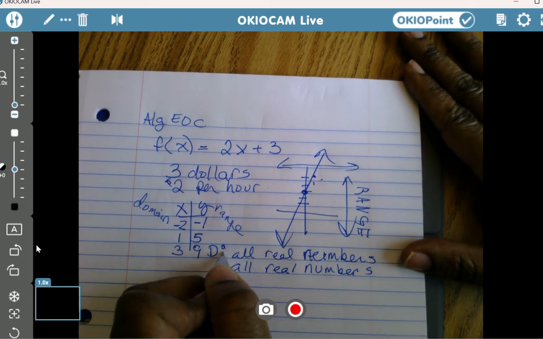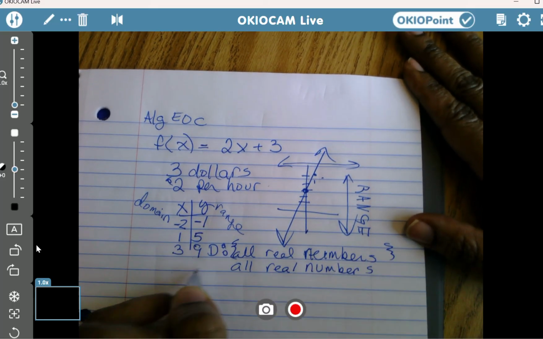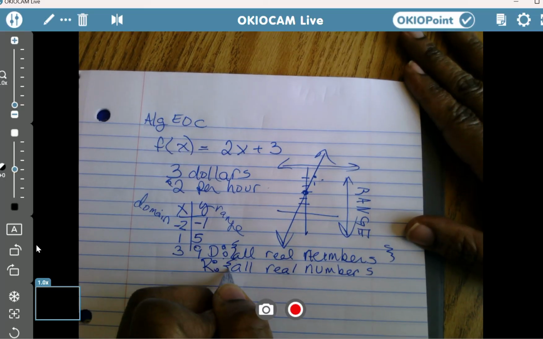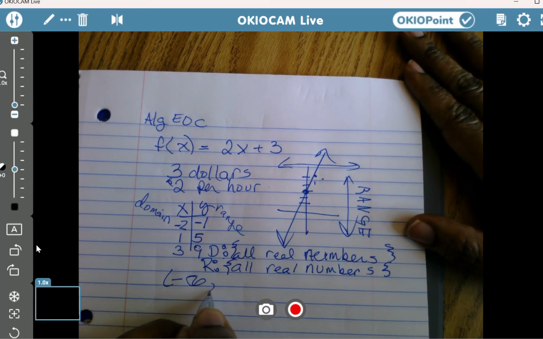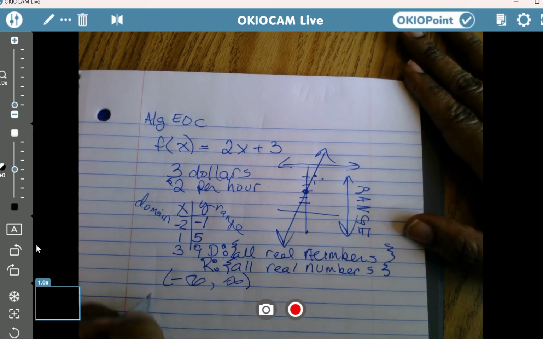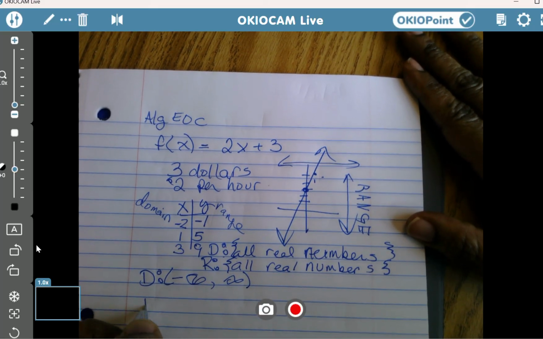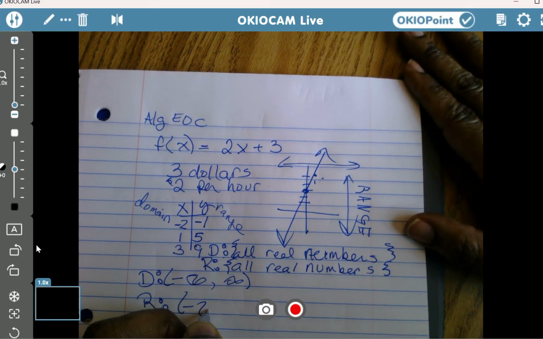You may also see them written with a capital R, or you may see negative infinity to positive infinity for the domain and also for the range.